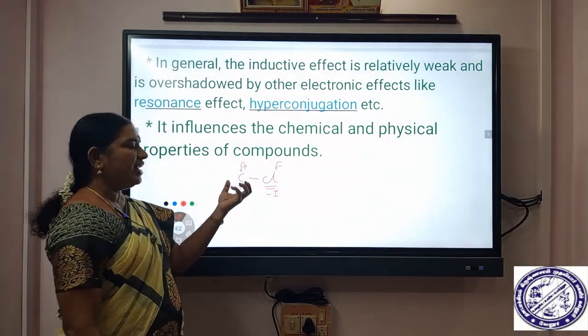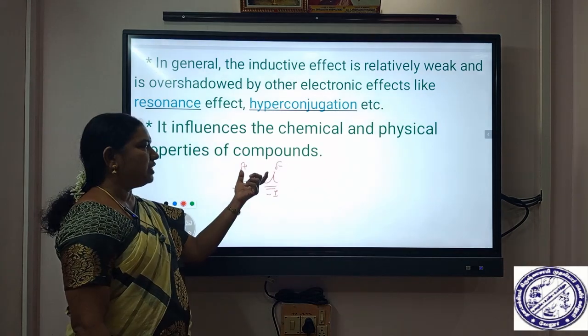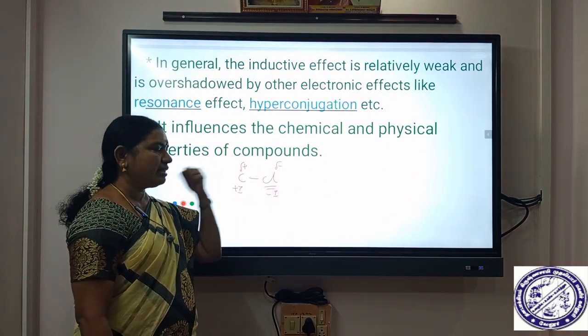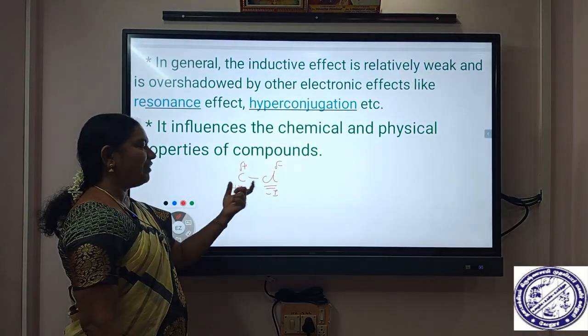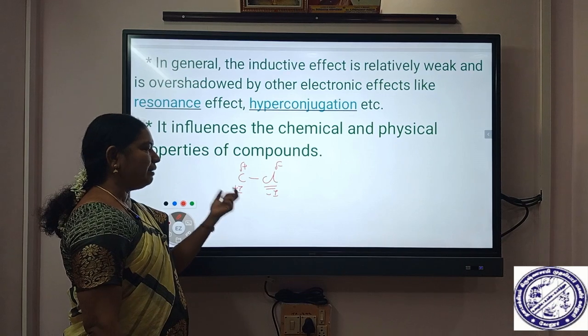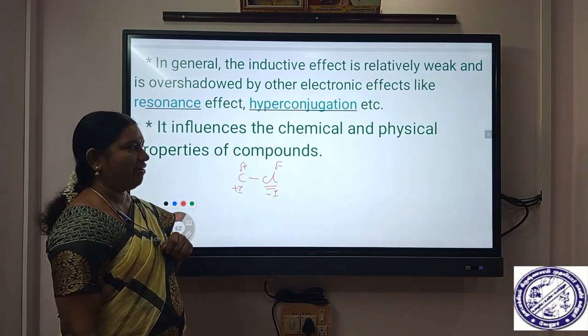So when an atom is capable of pulling the electrons towards itself, it possesses a slight negative charge, and therefore we can say that it has minus I effect, or negative inductive effect. When an atom is capable of donating electrons, it shows positive inductive effect.